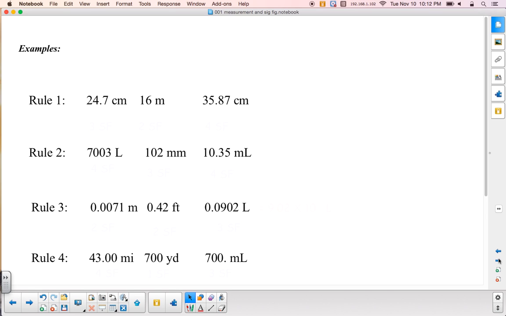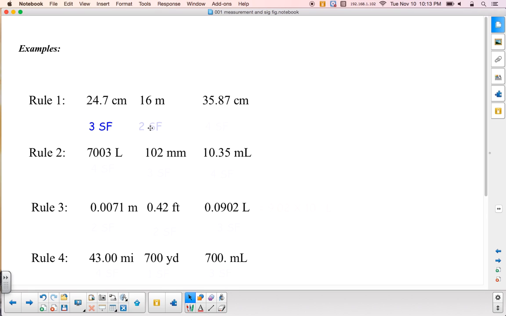Rule 1 is a very, very simple rule. It says that all non-zero digits in a measurement are significant. So the measurement 24.7 centimeters has 3 significant figures. We know exactly the 2 and the 4, and the 7 is an estimated digit. The significant figures in a measurement are all the numbers that are known for certain, plus one estimated digit.